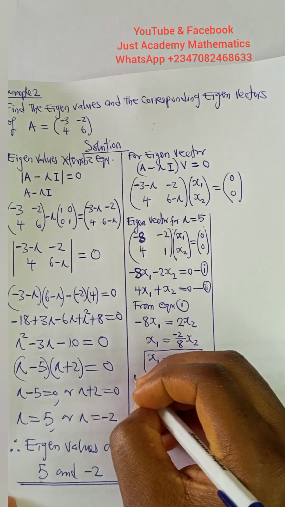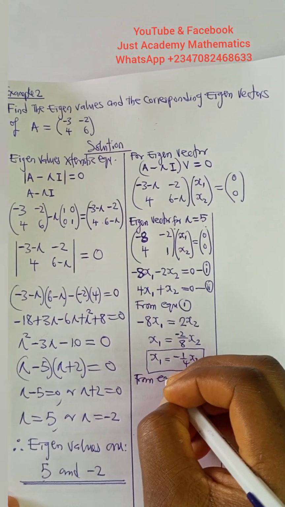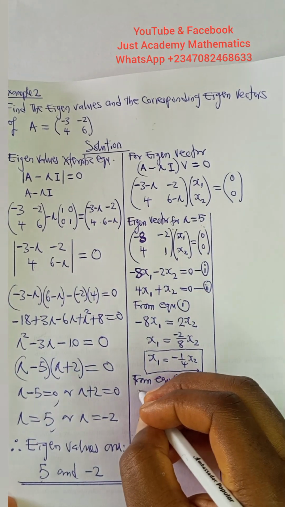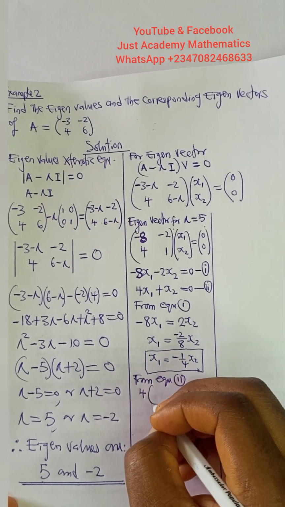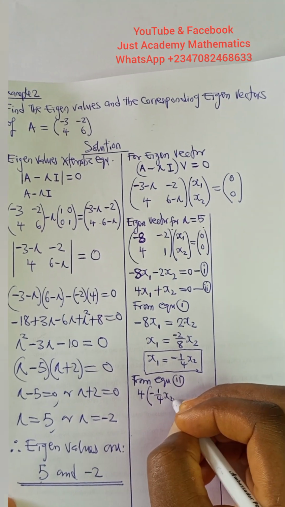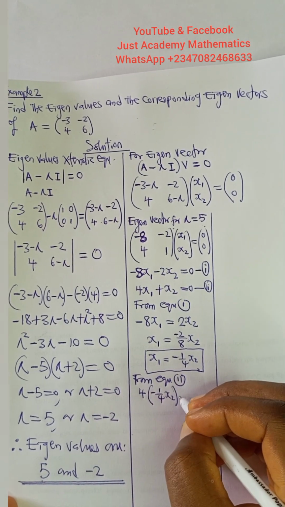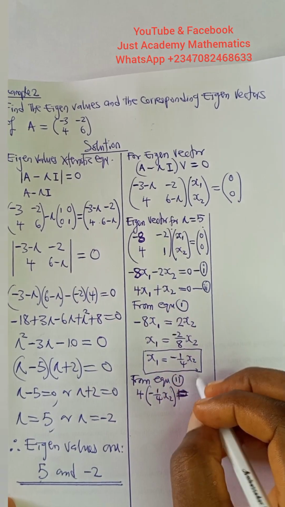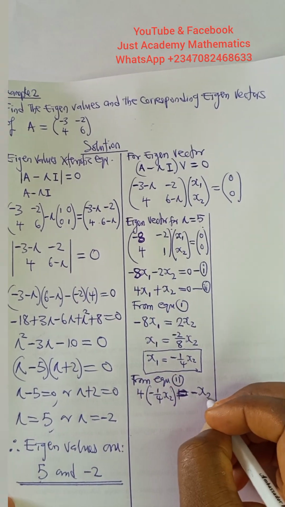From equation 2, anywhere we see x1, that is 4x1, in the place of x1, I'll write minus 1 over 4 x2. Are you with me now? Equals to, if you bring that one there, you have minus x2.